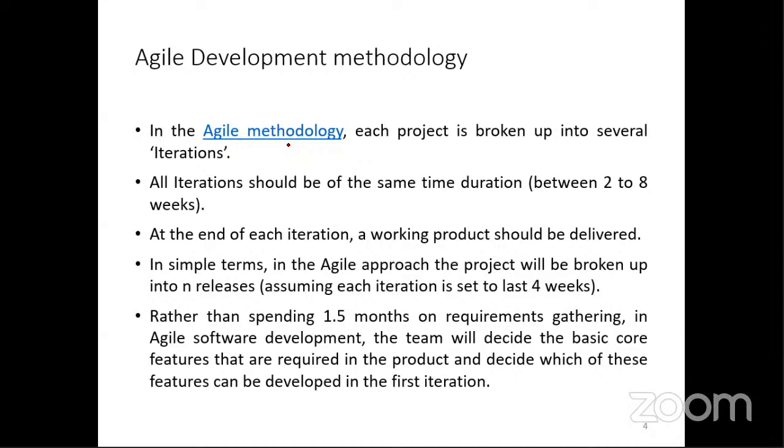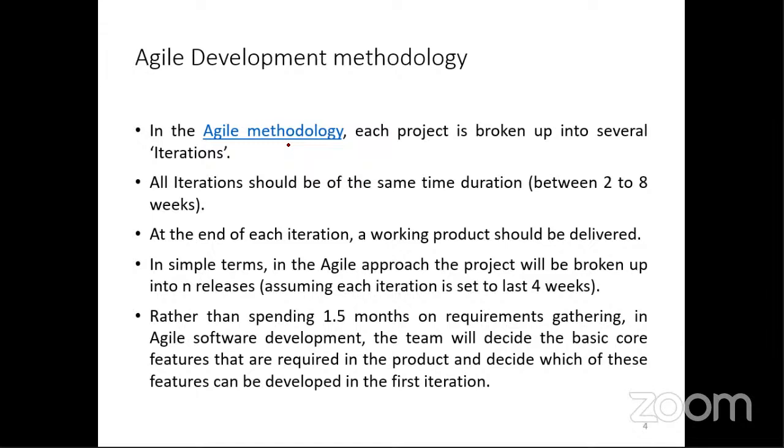Rather than spending 1.5 months on requirement gathering as in traditional methods, in agile development, the team will decide the basic core features that are required for the product and decide which features to be developed in the first iteration.